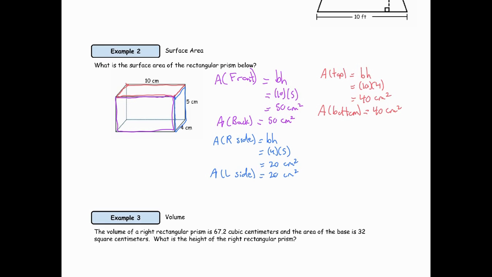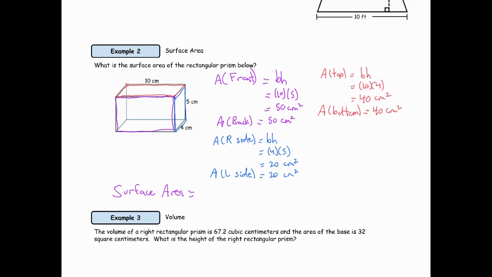So the surface area of that rectangular prism would be the sum of all of the areas of each surface. So we can do this a couple different ways.